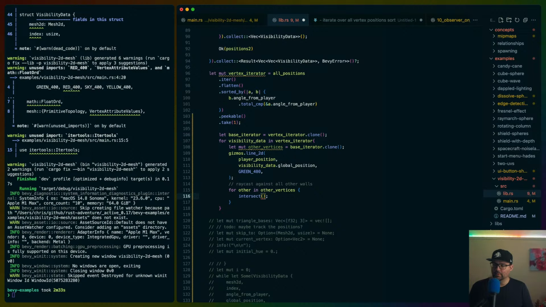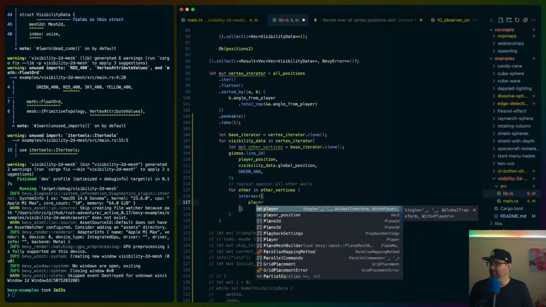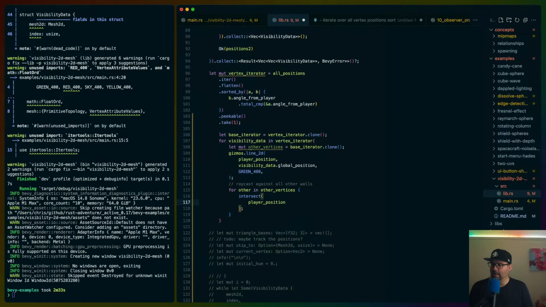this is going to be visibility data. So this is going to be, we have player position here, right? Yeah, player position. And this is going to be a vec2. So we have player position as our base, and the direction to the next point as our ray, right?